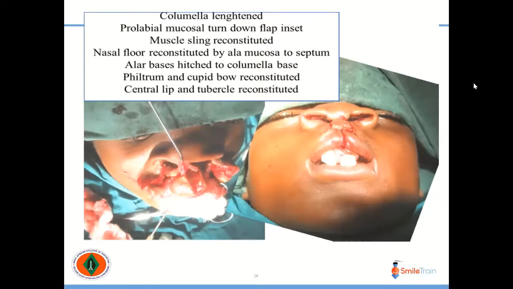That way you have the curve of the alar base done properly so that it doesn't square, it curves. And then the angle of the columella with the prolabium will be made and it will not be flat. That's an important thing to do.